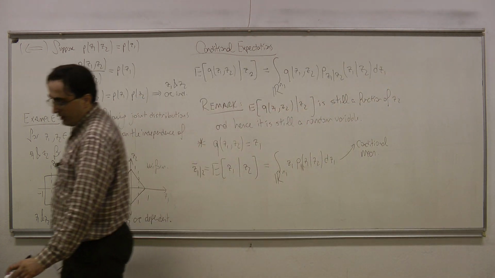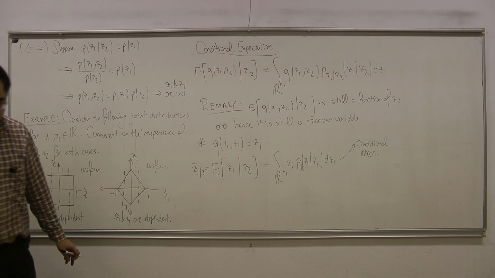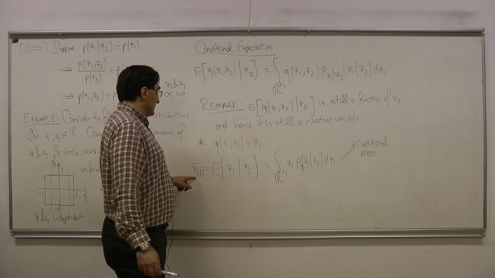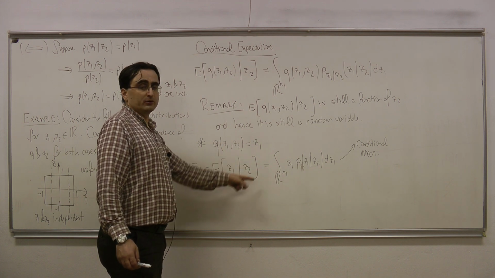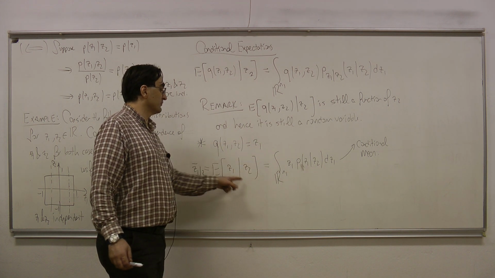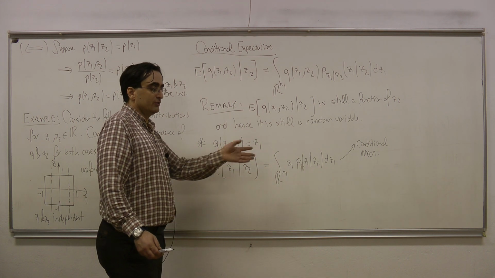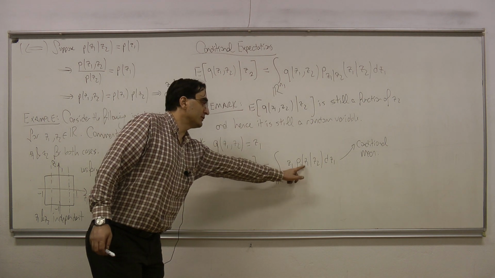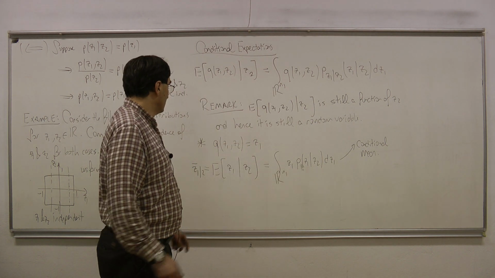I can also have the conditional covariance. The conditional mean z bar 1 given 2 is still a function of z2. If I change z2, it would change, because the density would change in that case.